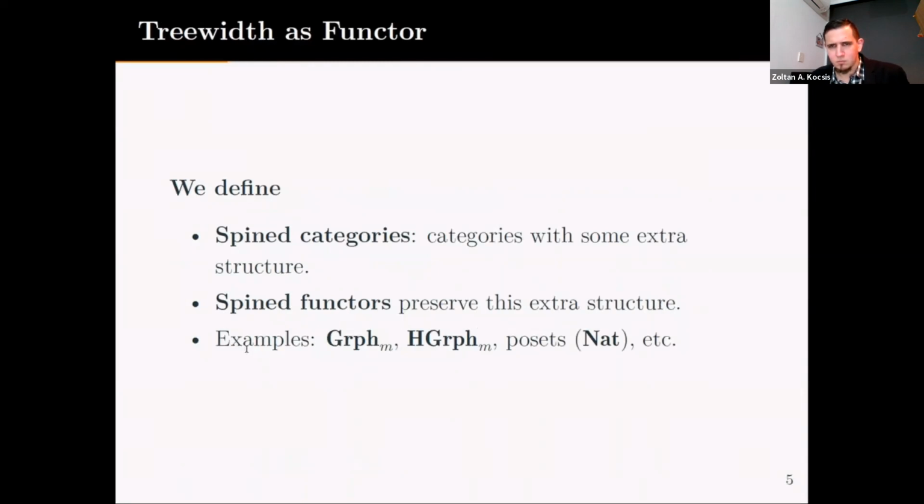The category of graphs will constitute an example of a spined category, as will the category of hypergraphs. And most importantly, many lattices, including the poset of natural numbers. And this will turn out to be very important because this will be the category that acts as the codomain of our Treewidth functor.